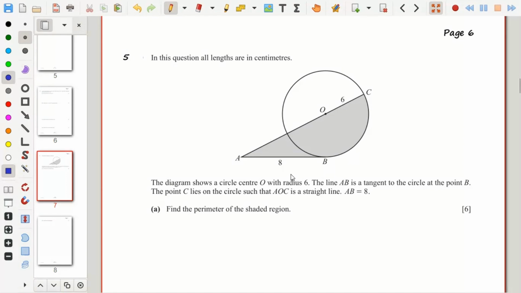Now find the perimeter. Before you start tackling the questions, one of the important things to do is to try and understand what the question demands, what they are trying to ask you to find. Make sure that you understand. Read the question very carefully.